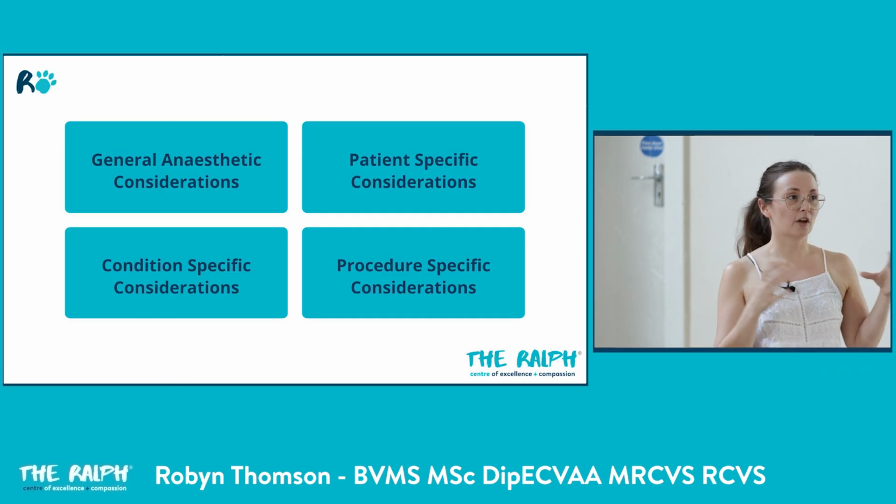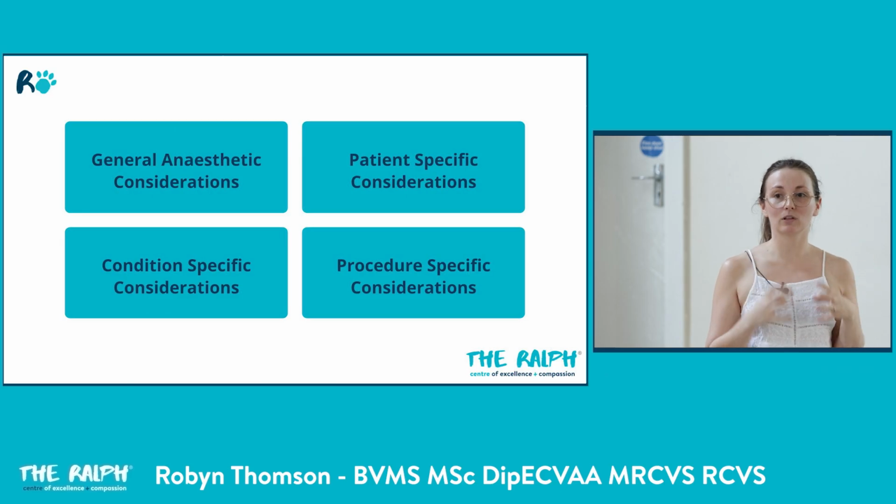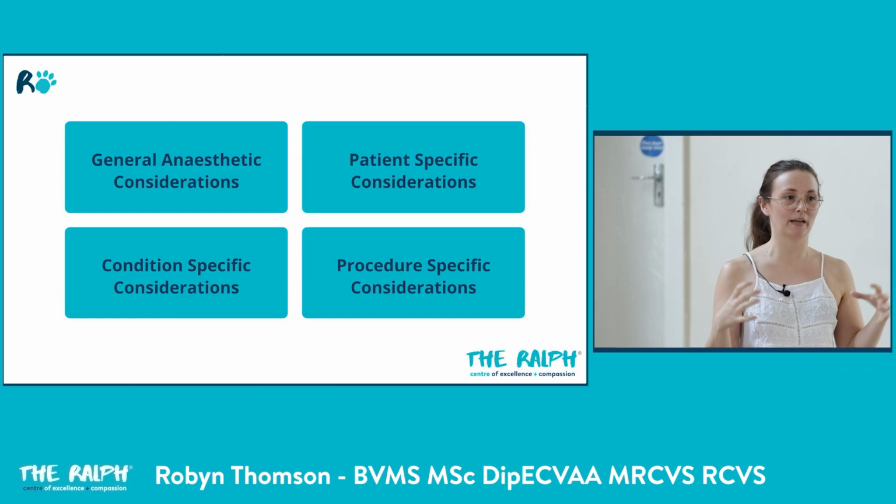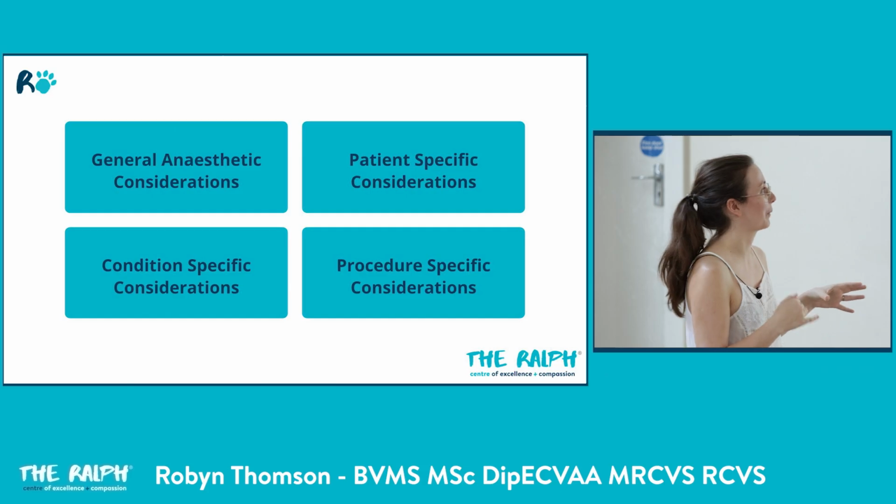And when you start thinking about things, you basically start making very long lists in your head of things that could happen in each of these cases. And then when you get presented with this case as having a procedure or a certain condition, it fits together like this beautiful big jigsaw puzzle to come out with this lovely big plan at the end. And hopefully as we work through it, you'll see how that's going to work.